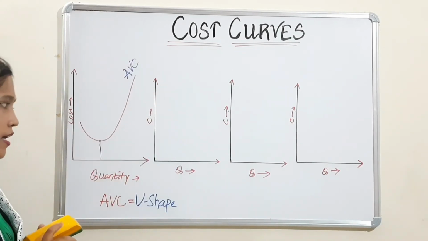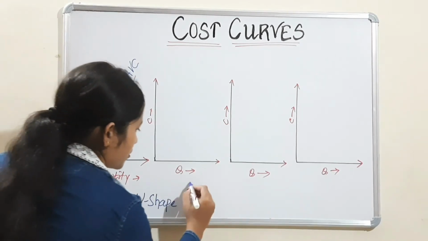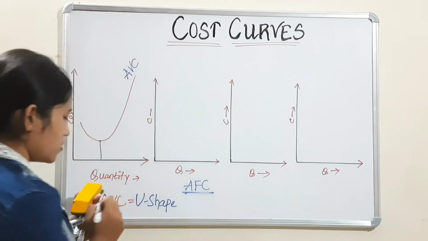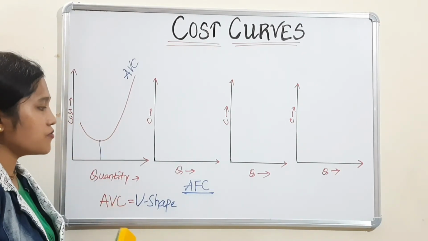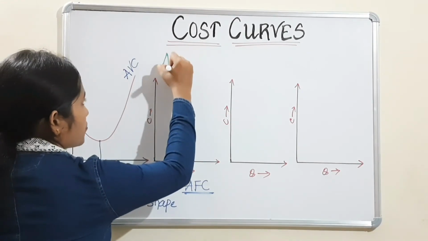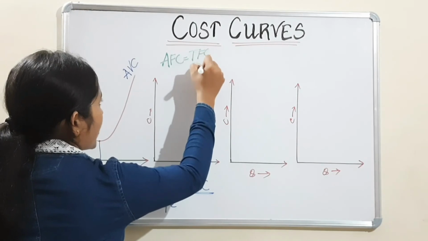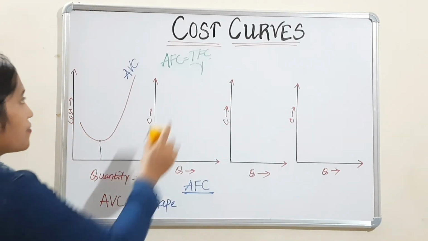Next we will switch to average fixed cost. How can we derive average fixed cost? Average fixed cost is equal to total fixed cost divided by quantity. Yes or no? So what is the graph here?